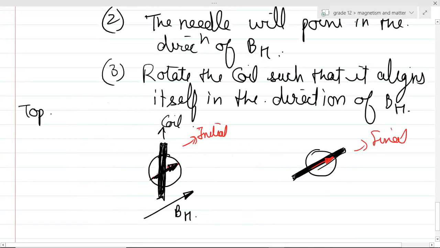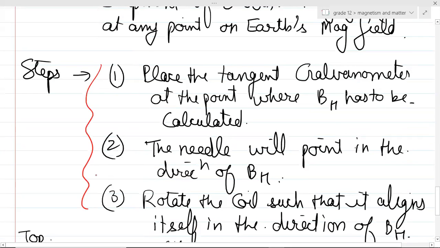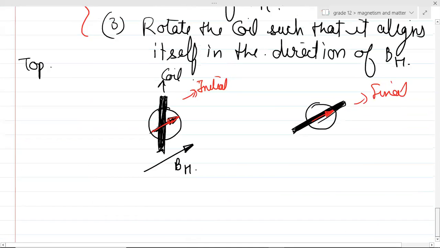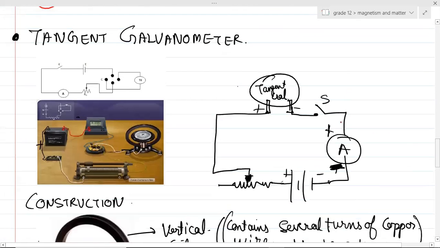All these steps 1, 2, 3 are basically done when the switch is open. Where is the switch? Here. When no current is flowing, I arrange the tangent galvanometer in such a direction, right? Now tell me what will happen when I close the switch.